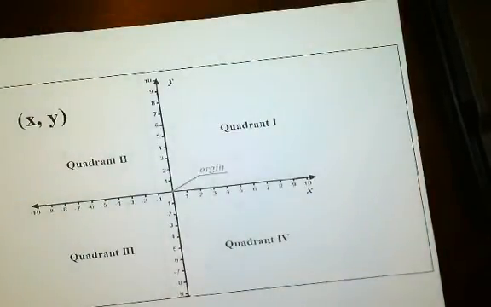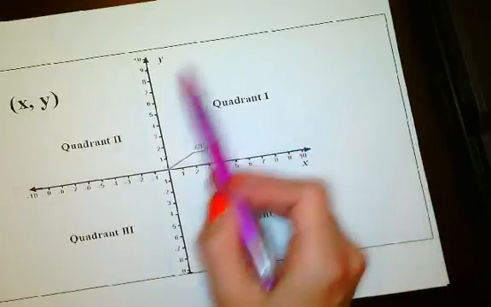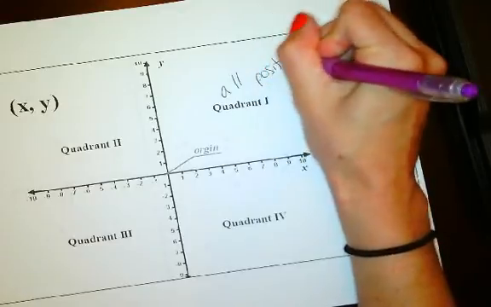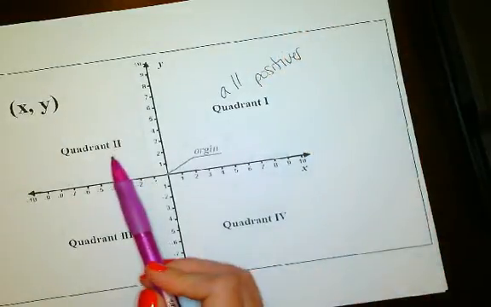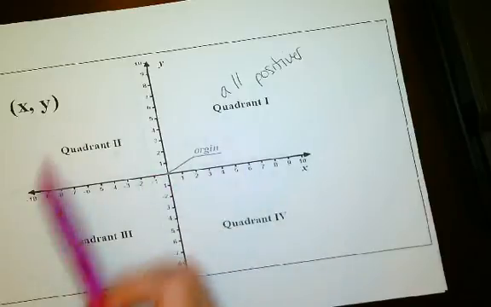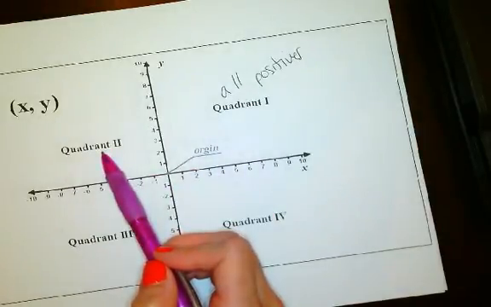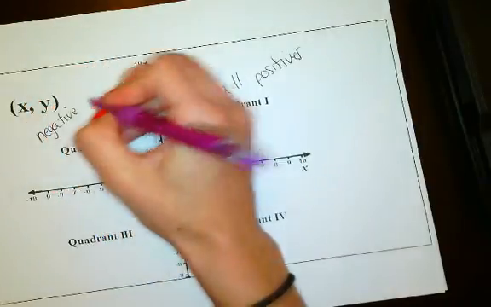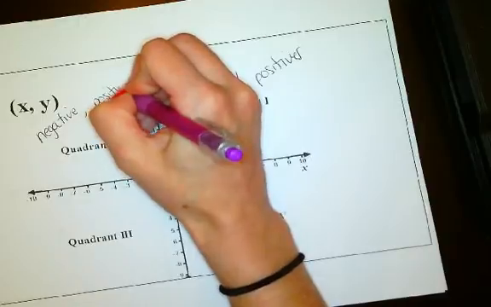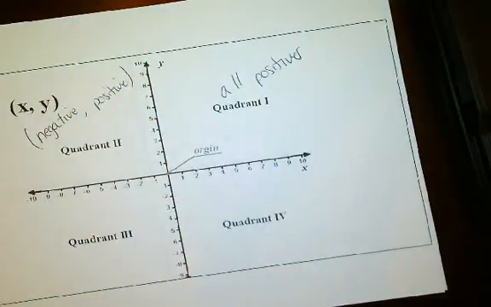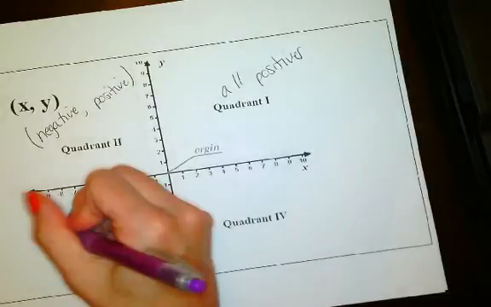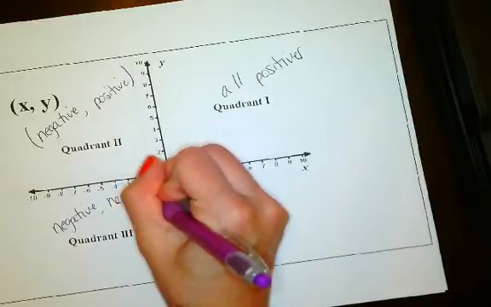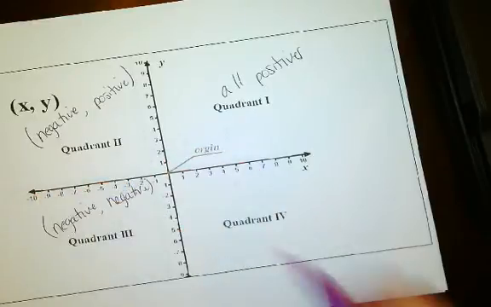So let's take a look at our 4 quadrants. Quadrant 1 is going to be all positive numbers. Quadrant 2, and we're working counterclockwise, is going to have a negative x, but a positive y. Quadrant 3 is going to have a negative x and a negative y.